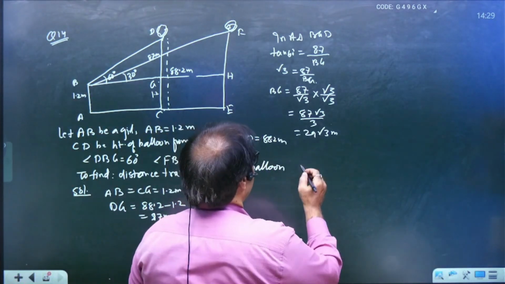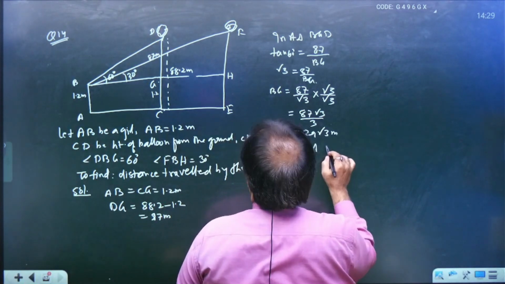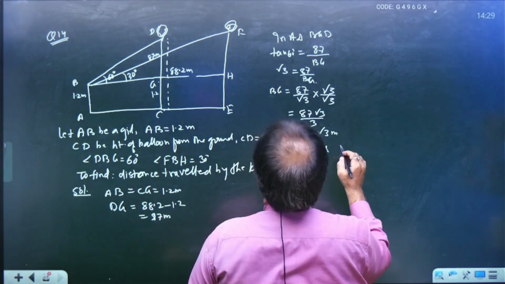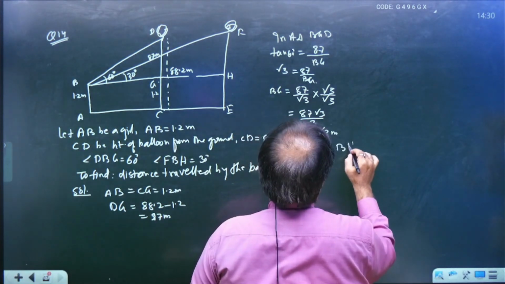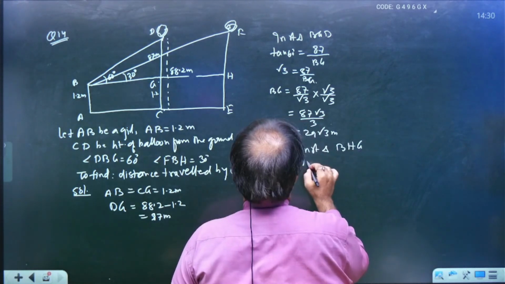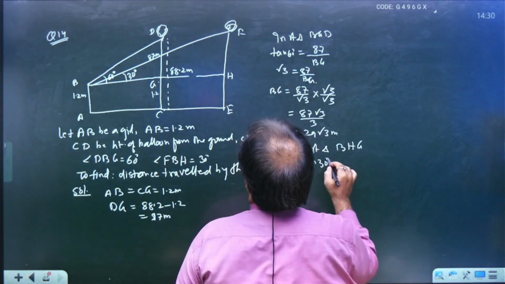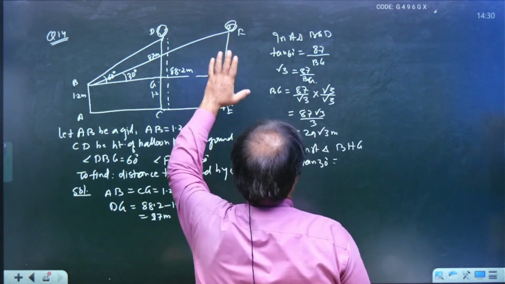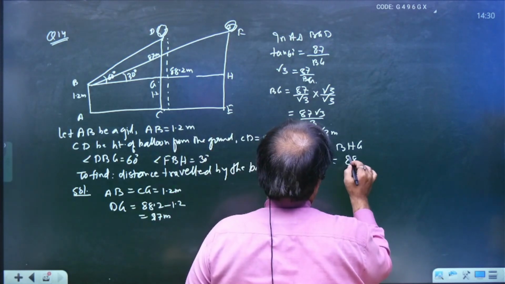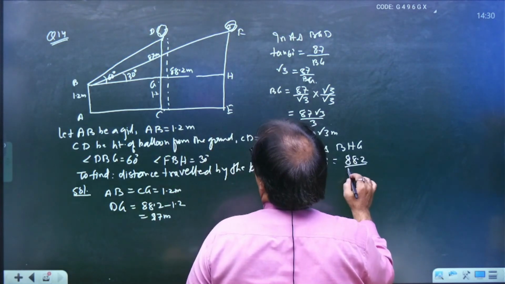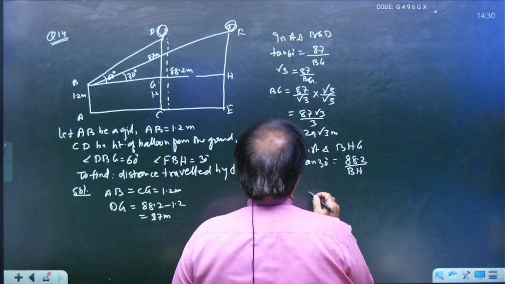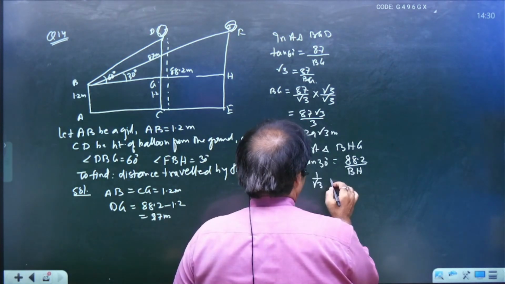And now we will find BH. Okay, so in right triangle BHF, tangent 30 degree is equal to, this will remain the same, 87 upon BH, and tan 30 is 1 by root 3.